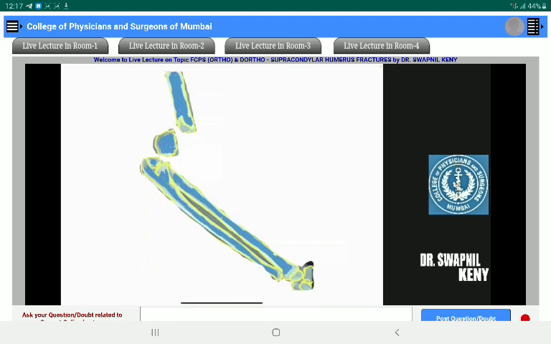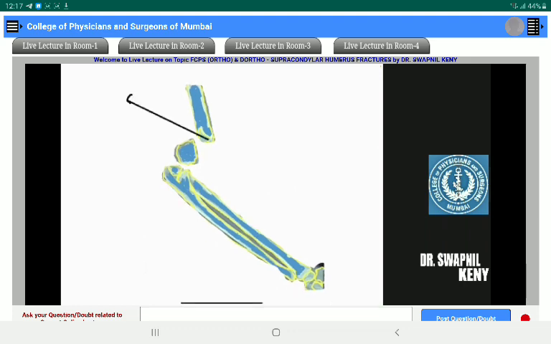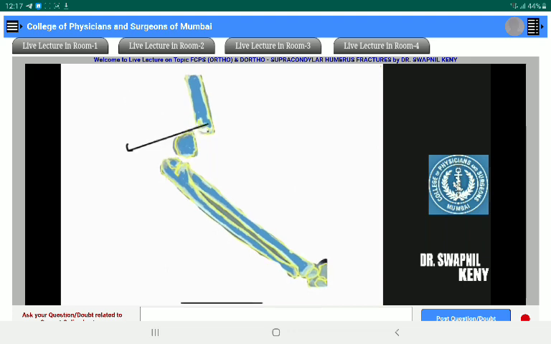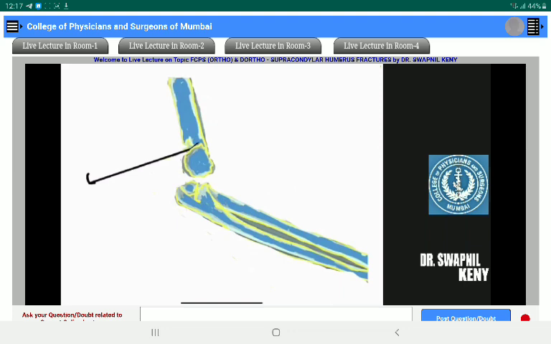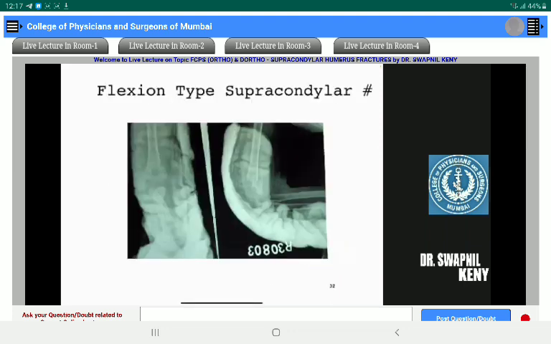The second way to do it is to joystick the proximal fragment, provided it has not buttonholed. If it has buttonholed, then many a time you will have to do an open release. But many a time you can use a joystick method, in which you put the joystick into the proximal fragment, slowly get it into position, and once you get into position, you can do a fixation maneuver.